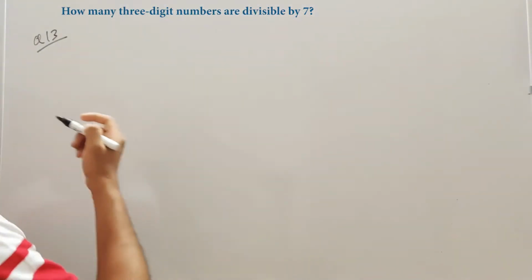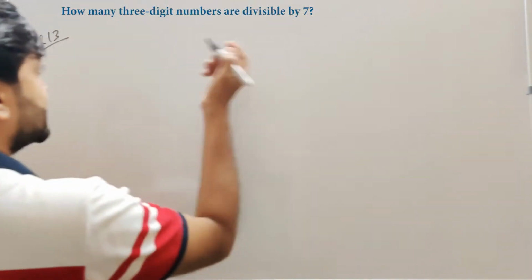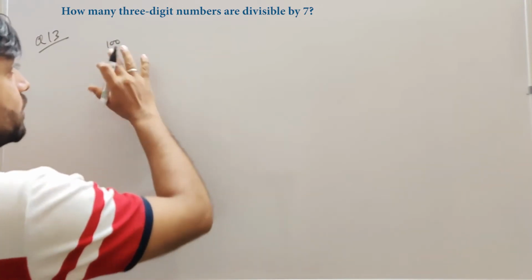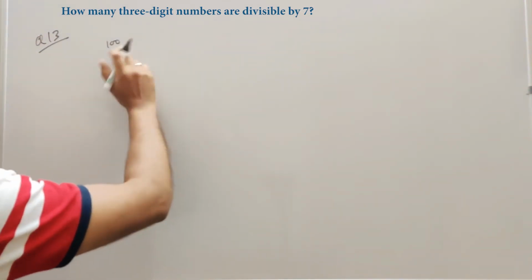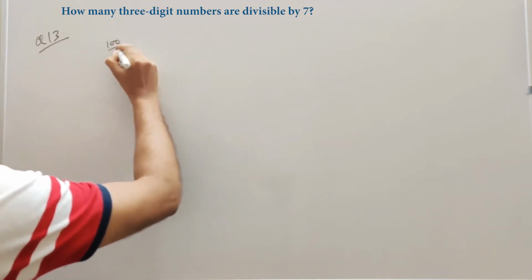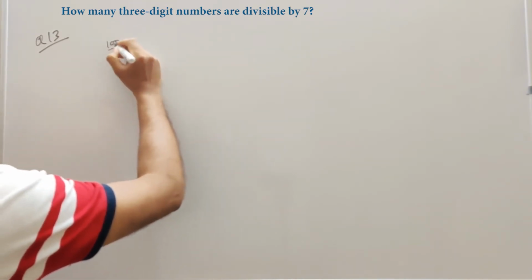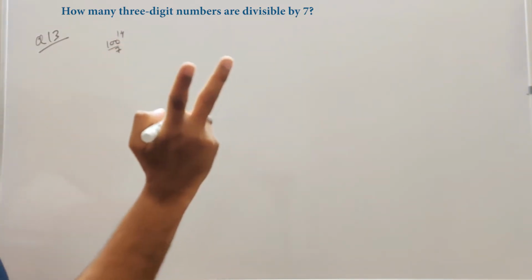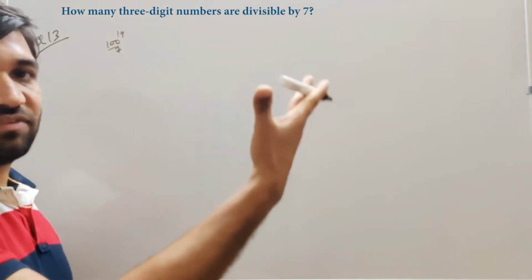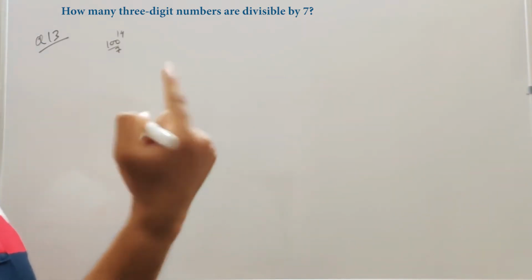So what is the first 3-digit number which is divisible by 7? It starts from 100, yes, but we check if it is divisible by 7 or not. So when you divide it by 7, what is the remainder? 7 1's are 7, 30 left, 7 4's are 28, 2 is the remainder. So if you add 5 more, 2 plus 5 becomes 7.